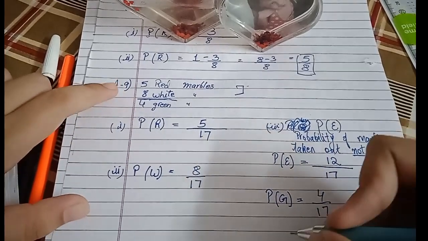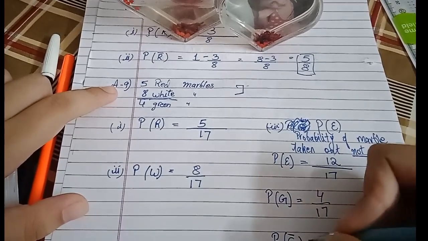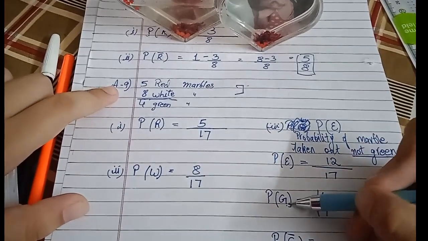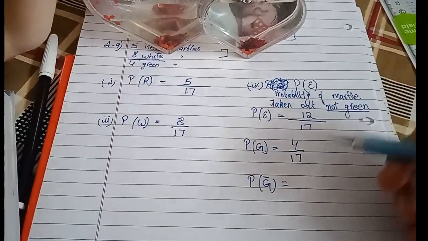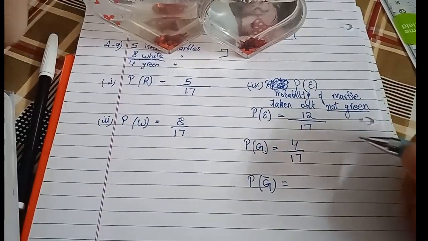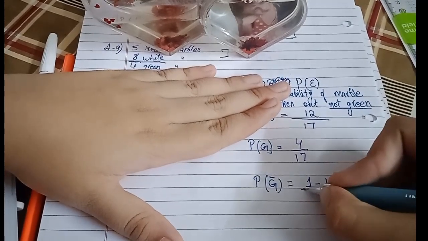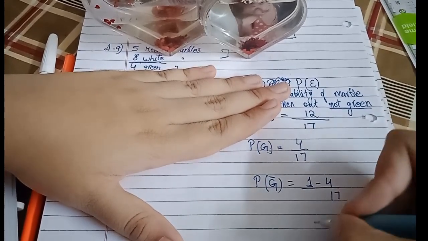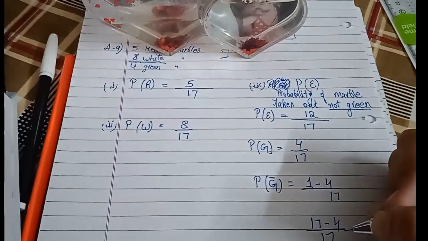After that I will find the probability of not taking out green. This was the probability of the marble taken out being green, and this will be the probability of the marble taken out not being green. So what I will do now is 1 minus 4 upon 17. Taking the LCM, 17 minus 4 upon 17.